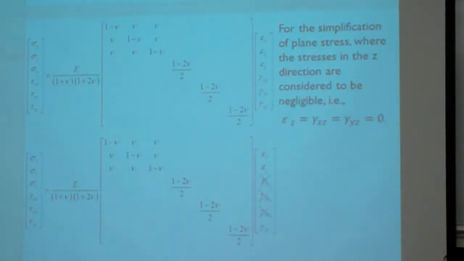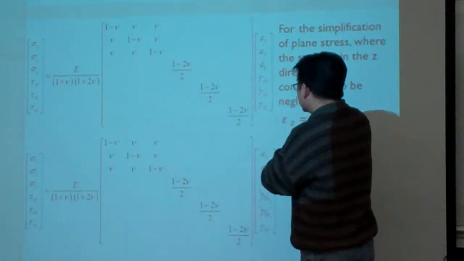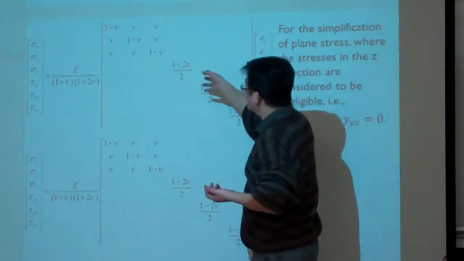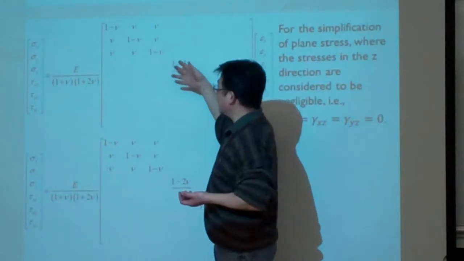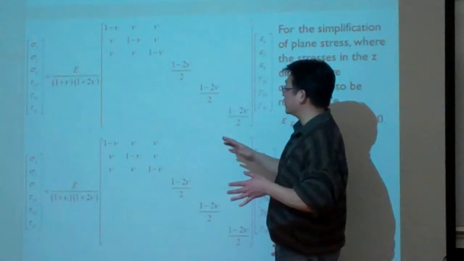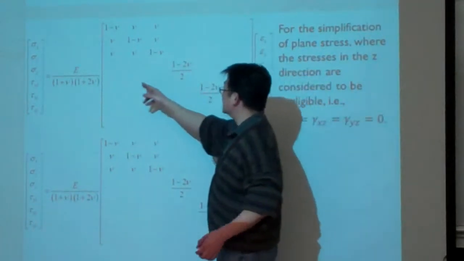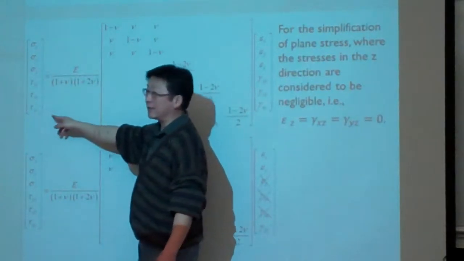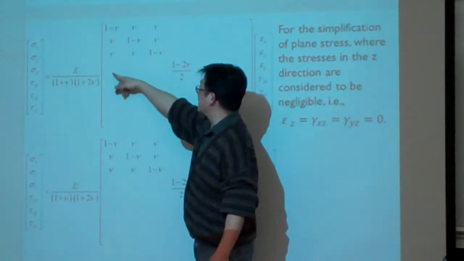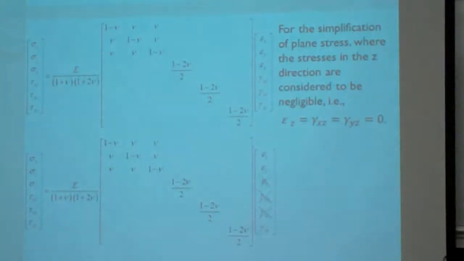Okay, so we're back to Hooke's law again, and you can see this is Hooke's law for three-dimensional generic problems. Under this situation, you can see I rewrite the expression. This side is strain, and this side is stress, from three-dimensional. I basically rewrite everything, and that is the inverse of the previous one.